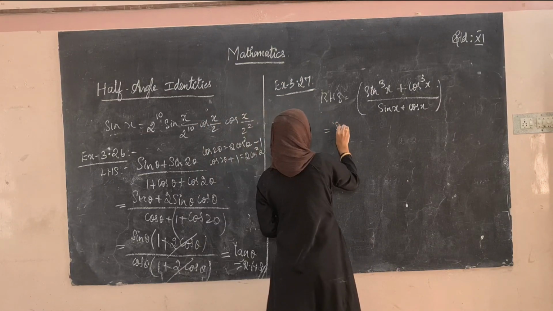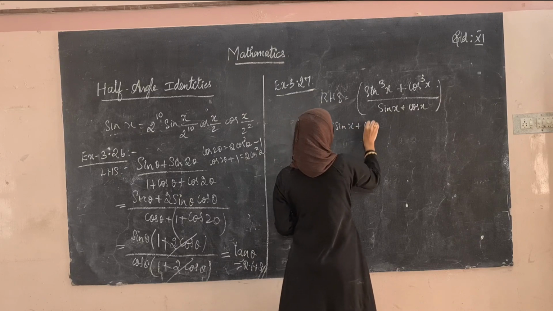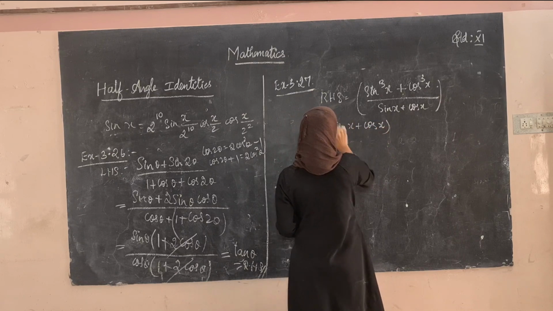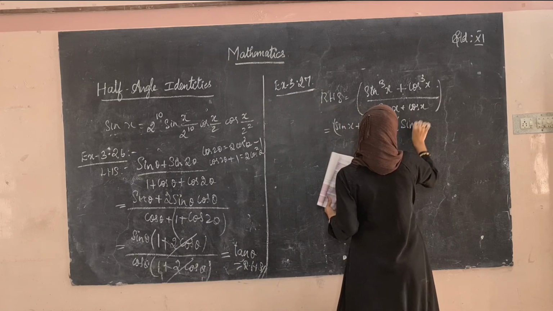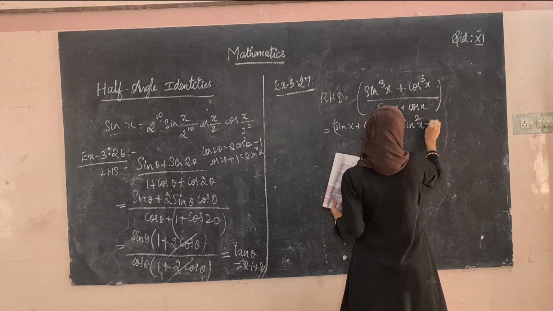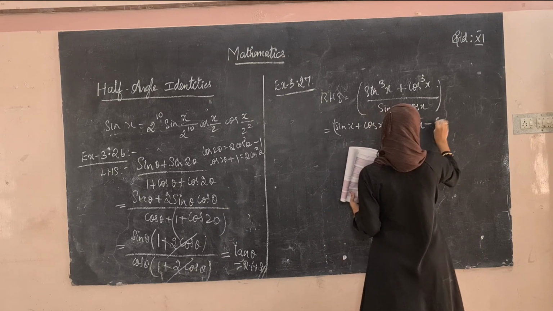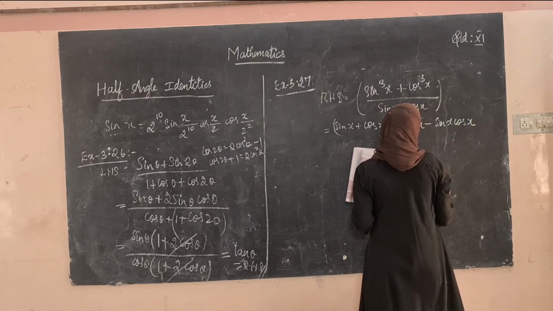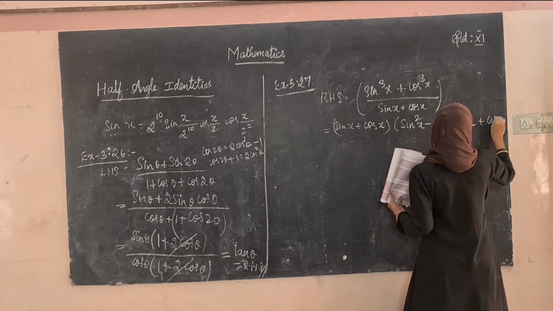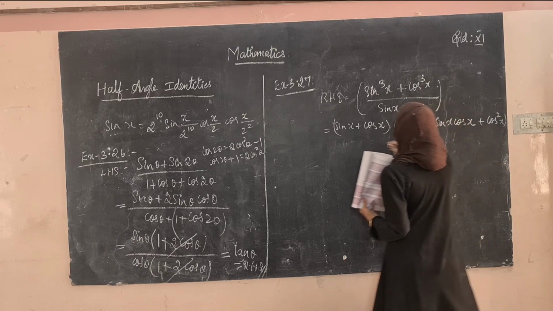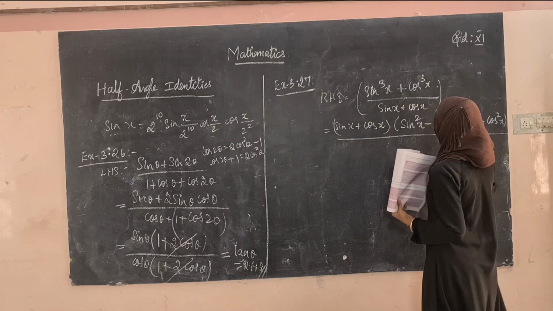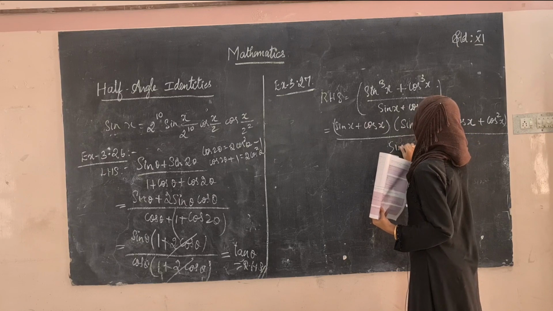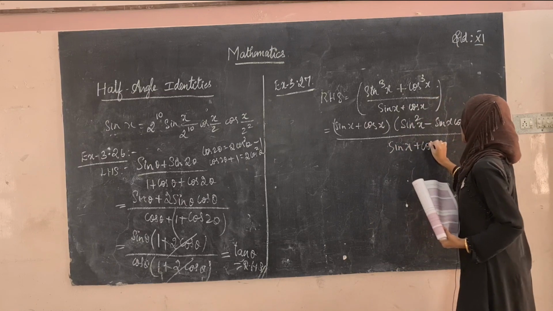So this will be (sin x plus cos x) into (sin square x minus sin x cos x plus cos square x), the whole divided by, in the denominator we are having sin x plus cos x.